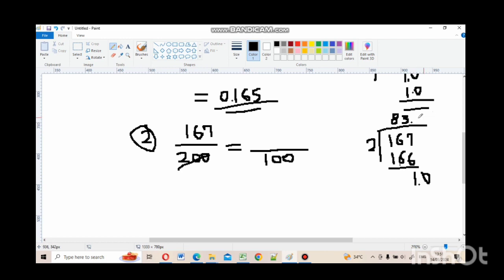Add a decimal point here as well. 2 in 10, you have 5 here. 2 times 5, you have 10, so you have nil here. So 167 divided by 2 is 83.5.